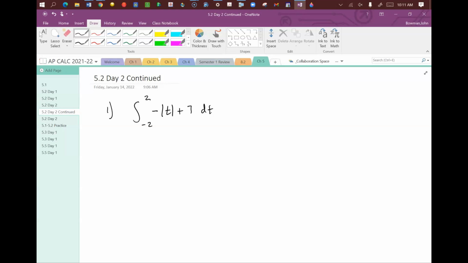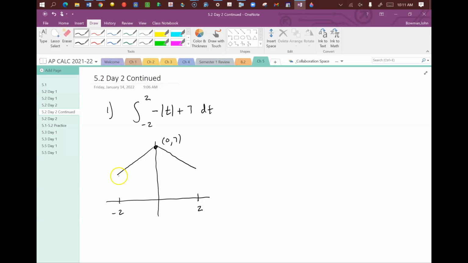So instead of looking like a V, it looks like an upside down V with a vertex at the origin. And the plus 7 moves it up 7 units. So the graph basically looks like this. There is a vertex here at (0, 7), and it slopes downward like that. And we want to integrate from -2 to +2.